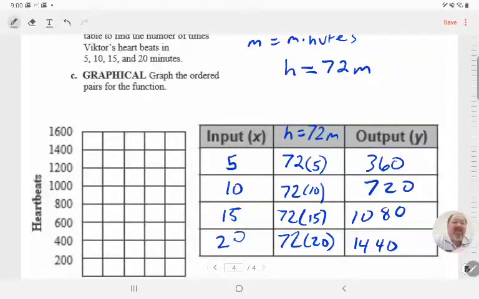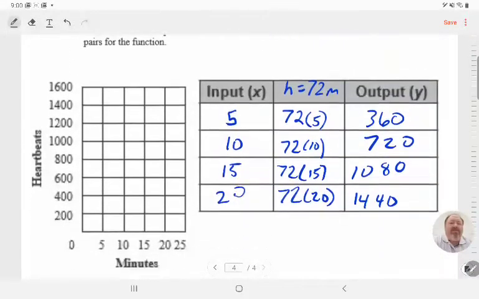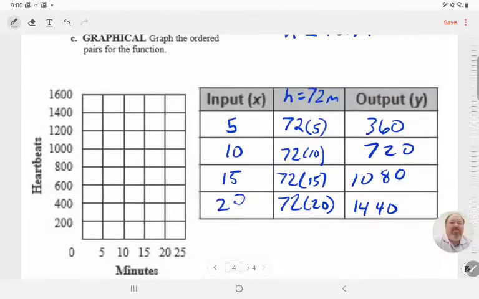Now C says graph the ordered pairs of the function. So again, my heartbeats are going to be on my y and minutes would be on my x. And then I simply plot. 5, 360. So 360 would be about right here. 10, 720 would be approximately right here. And then 15, 1080 would be approximately right here.